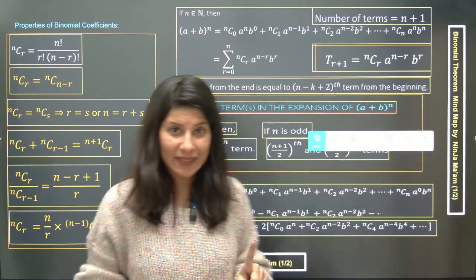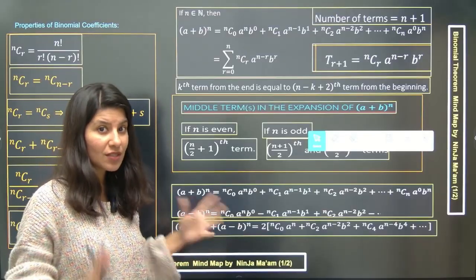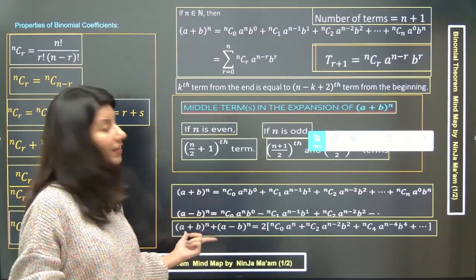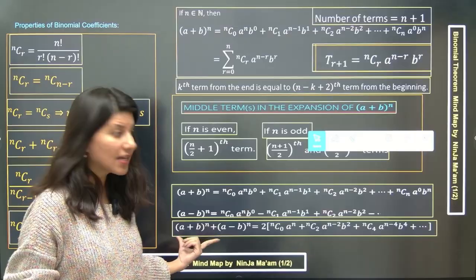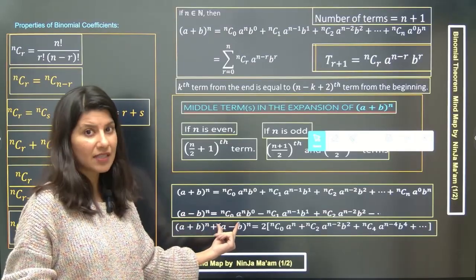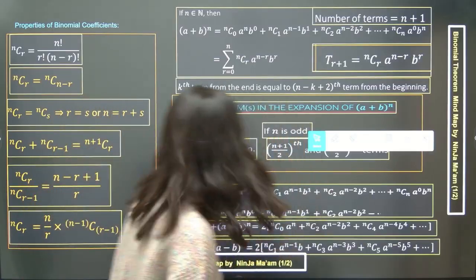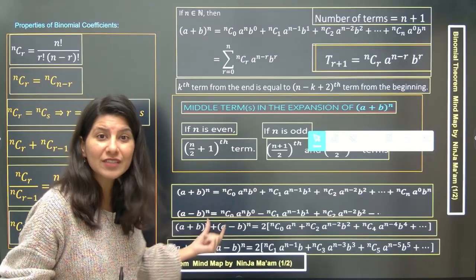Similarly, you might get this type of question. There have been some questions on this pattern wherein they are asking about (a plus b) power n plus (a minus b) power n, or they can also ask you about the subtraction of these two quantities.